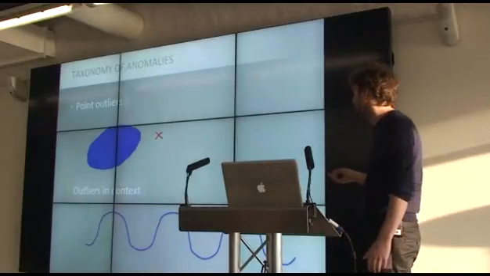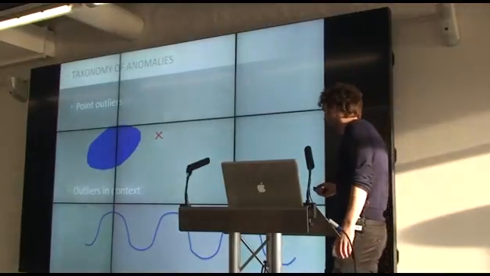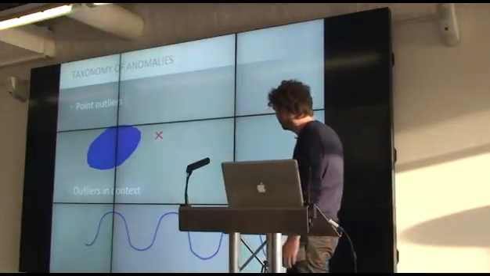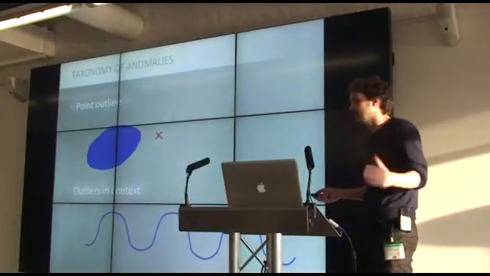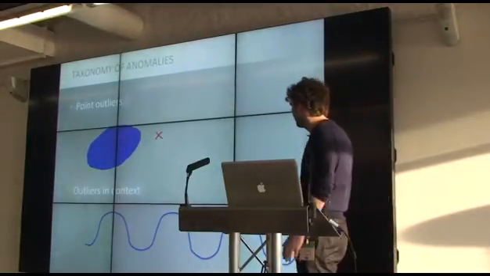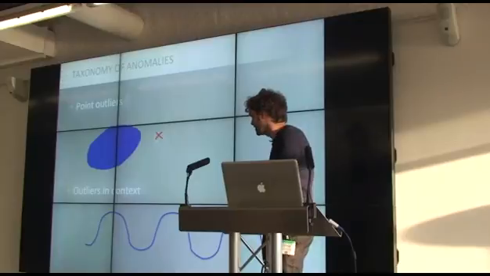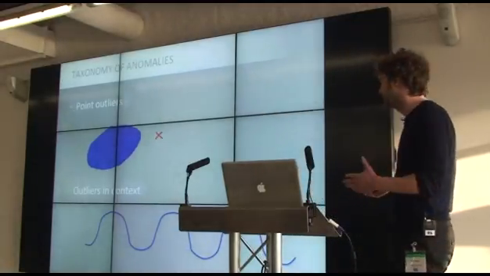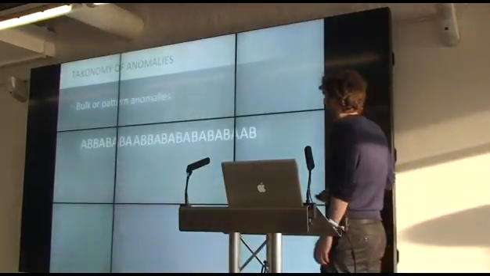Then an outlier in context, where the value in itself is not atypical, but because it's happening at a particular time, in this case a period where this time series is unusually high, or at its peak, that value is unusual.